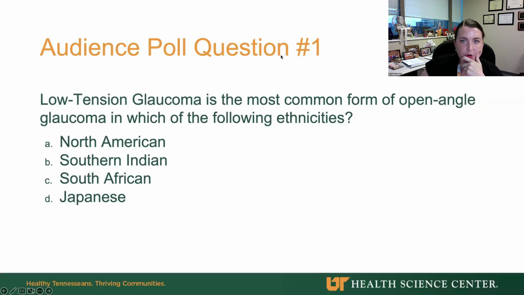Question number 1: low tension glaucoma is the most common form of open angle glaucoma in which of the following ethnicities? A, North American, B, Southern Indian, C, South African, or D, Japanese?